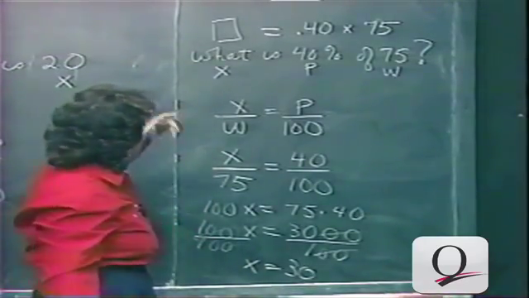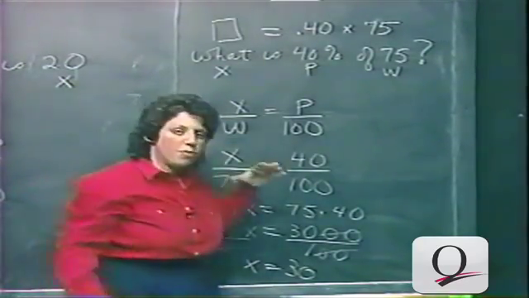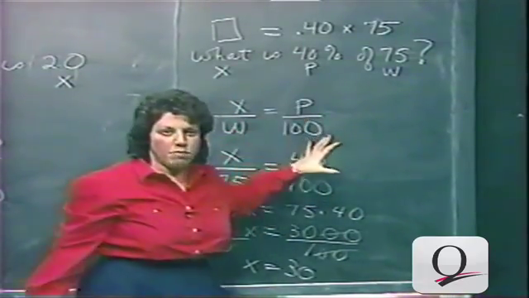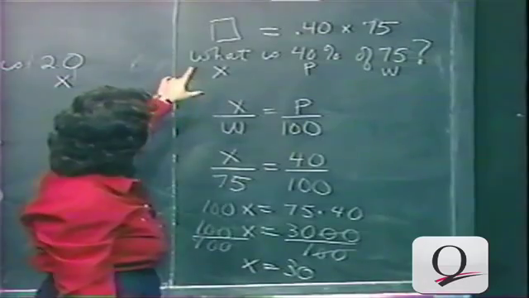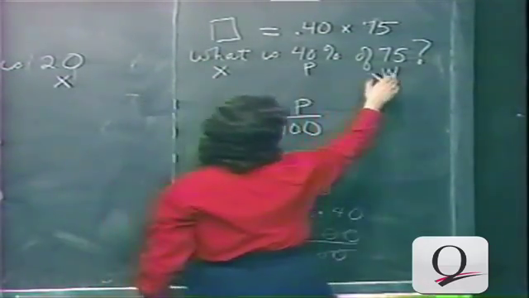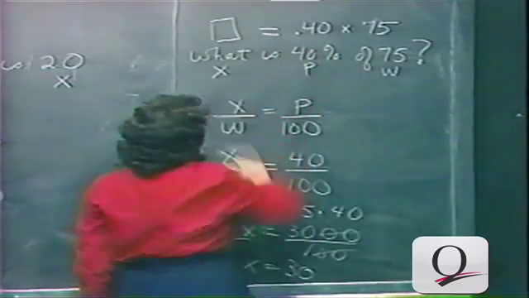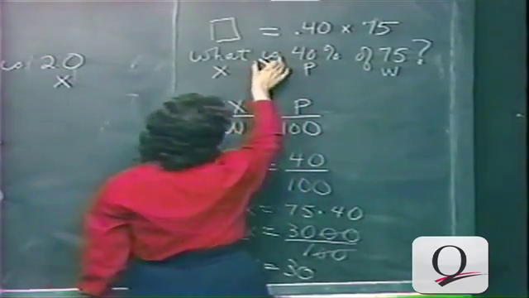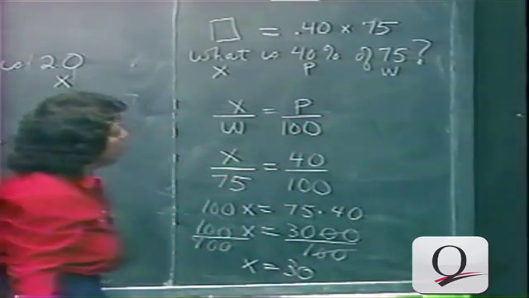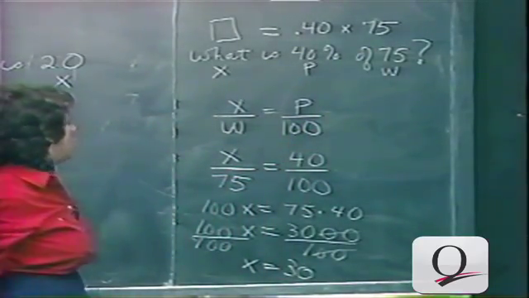There will be equivalent ways of doing all the problems. I'm going to, however, just solve each one by this XWP method. But if you had been used to writing 40% of 75 in this fashion and solving, representing the is by the equals, you will get the same answer of 30.